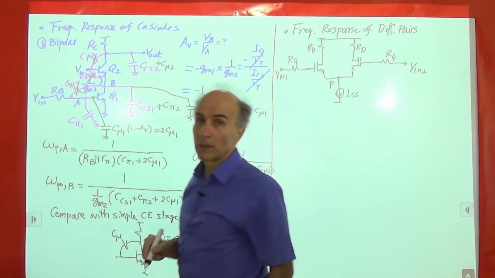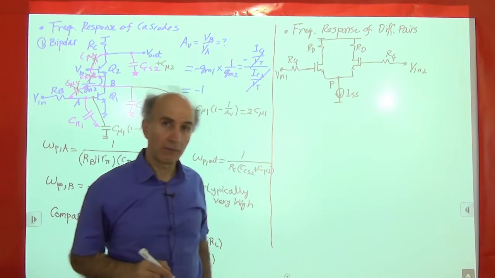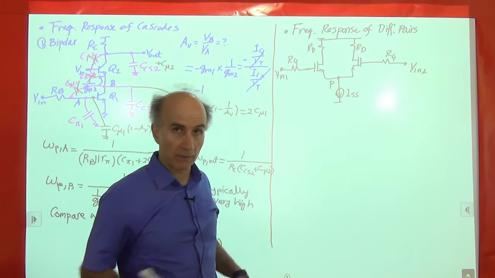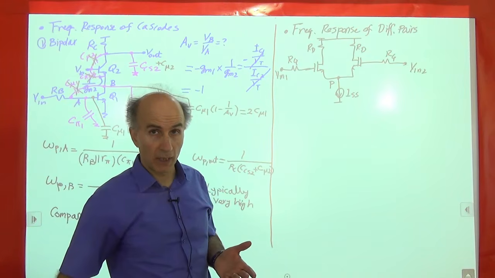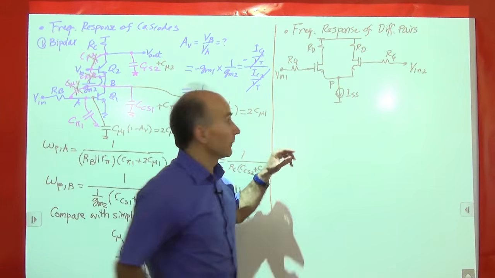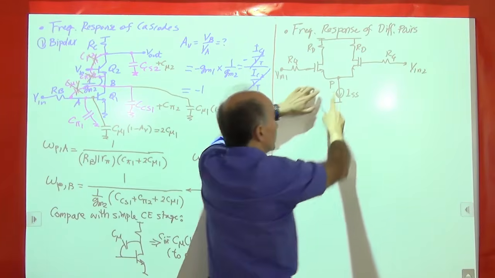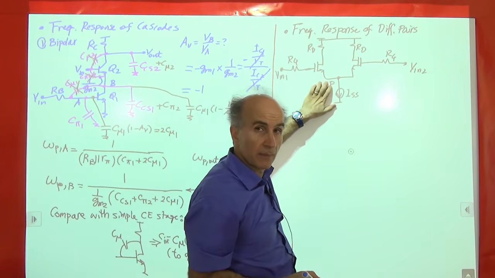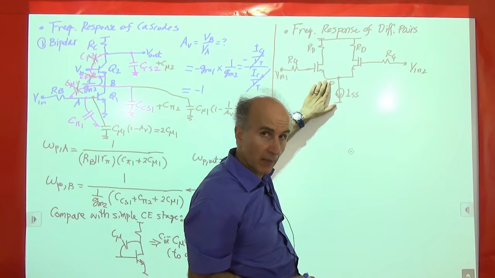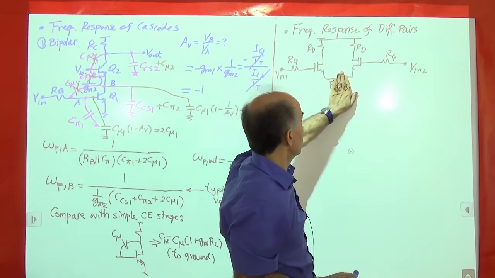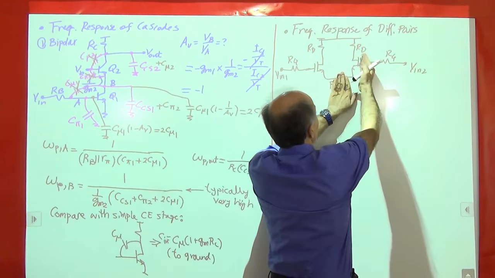If you recall, we analyzed the differential behavior of the circuit, the differential small signal voltage gain, by realizing that when the inputs are completely differential and small, node P does not change its voltage, so it can be considered AC ground. Once we consider this AC ground, the circuit breaks into two halves.